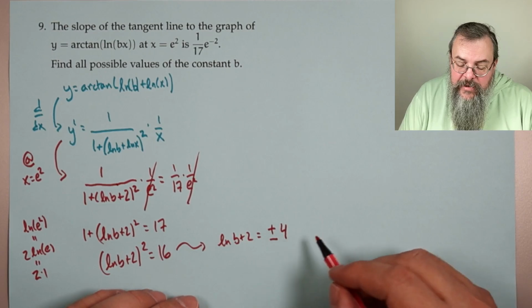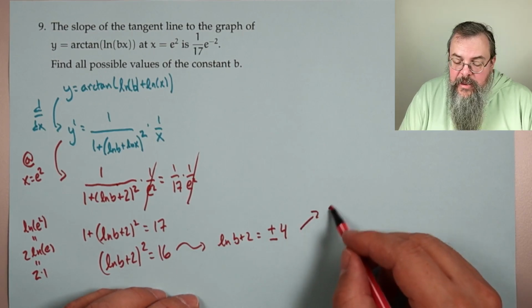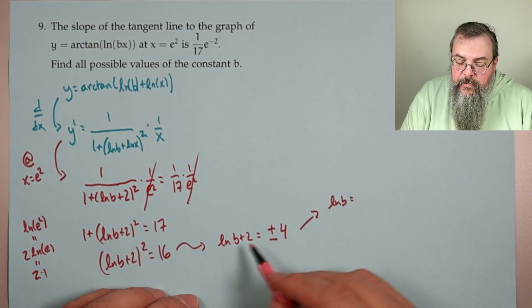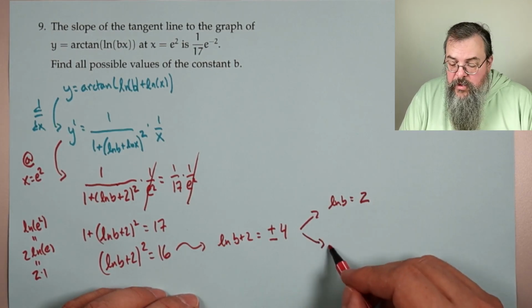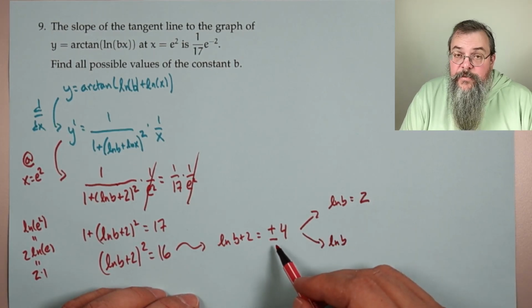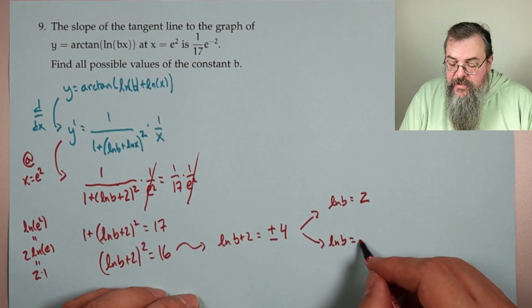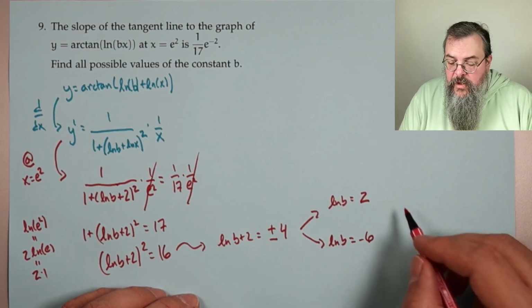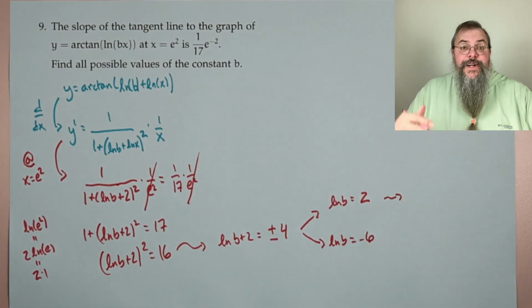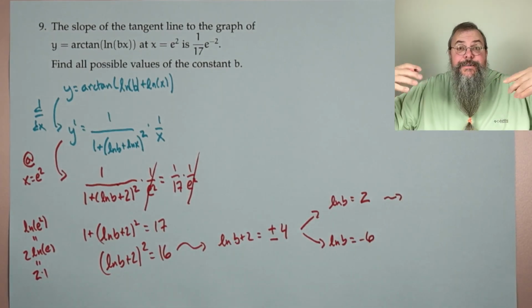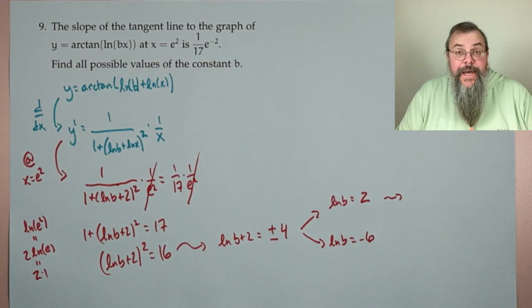So that says, hey, either log of b is 4 subtract 2, 2, or log of b is minus 4 subtract 2, which is negative 6. All right, well that says if log of b equals 2, to get b out of the log, you do what?